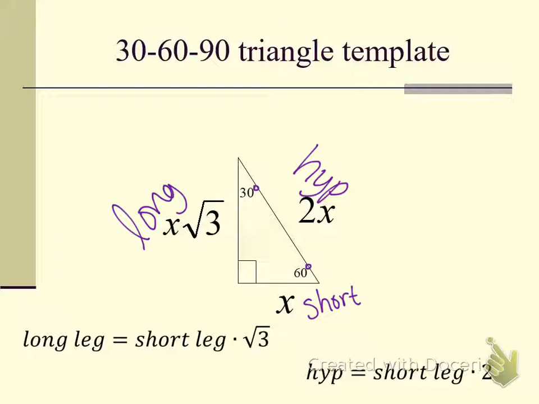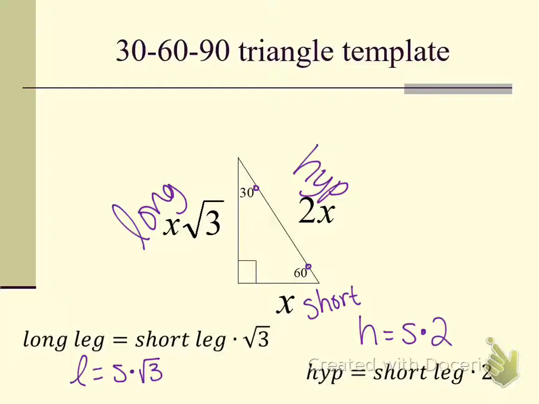Okay, so one of our little formulas is that you can find the long leg if you take the short leg times the square root of 3. The other one is saying that you can find the hypotenuse if you take the short leg times 2.